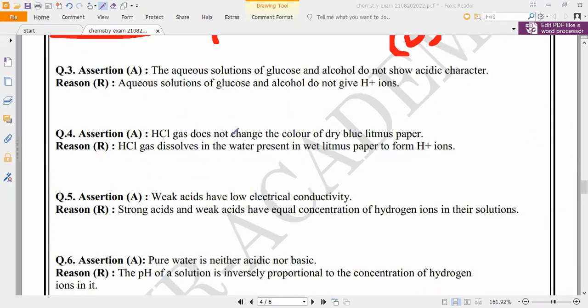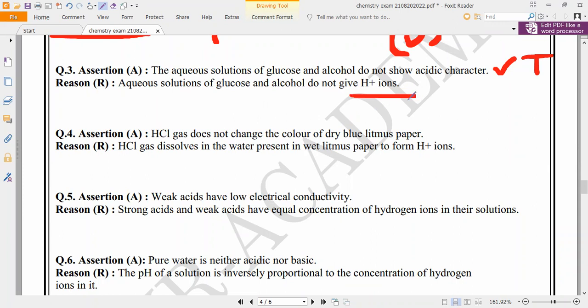Next, third question. The aqueous solution of glucose and alcohol do not show acidic character. Both A and R are true, and R is the correct explanation. Why? Because they are neutral substances. Aqueous solutions of glucose and alcohol do not give H plus ions.